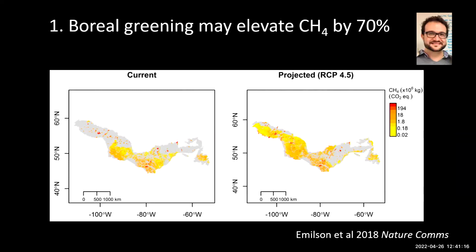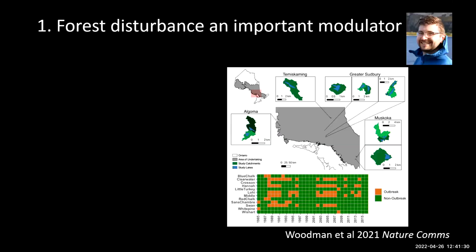So the cattail alone. But the spread of that one species isn't the only thing that's happening on the boreal shield. There's a lot of other processes. Disturbance is one that's actually quite pervasive. And work by Sam Woodman during his PhD has tracked how outbreaks of disturbance of insect defoliators actually impact the land water nutrient cycling.